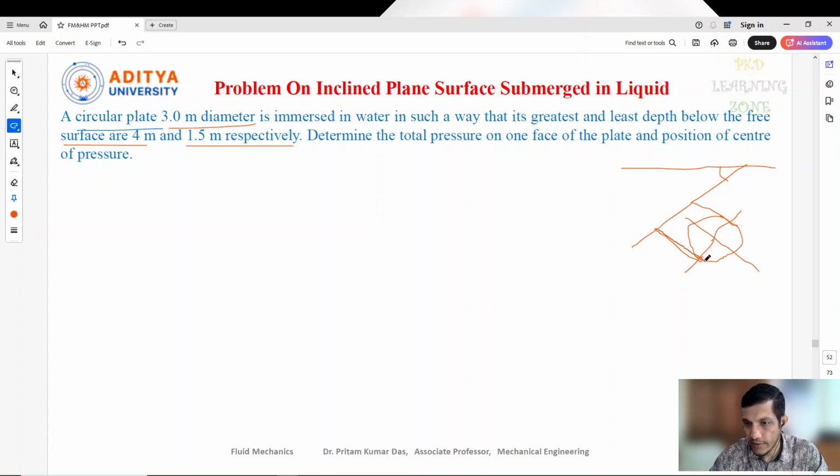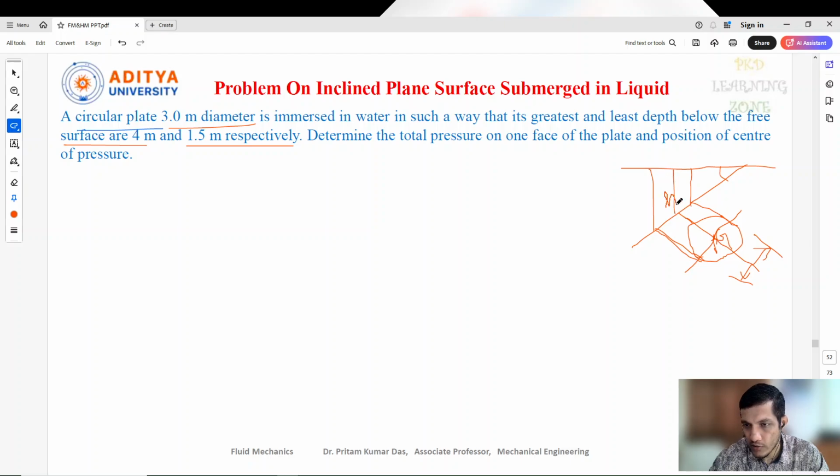And the circle diameter will be there. Now if I draw the height from the free surface of the liquid, this will be the height and this will be the height for this. And here the G point and P point will both be here.